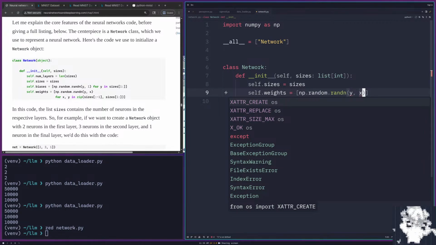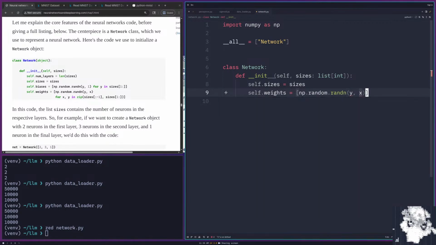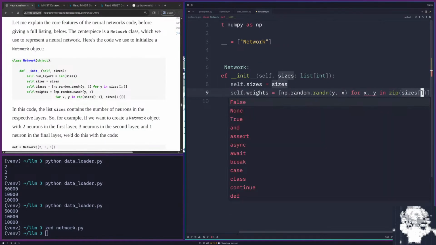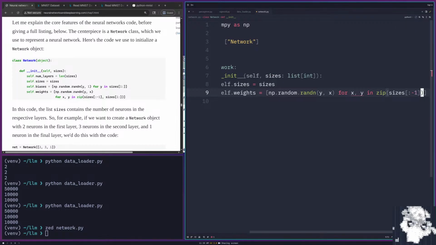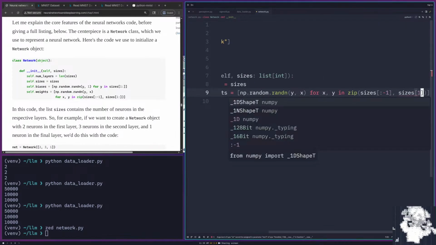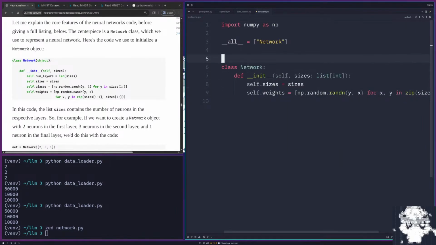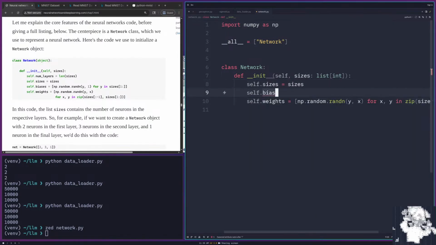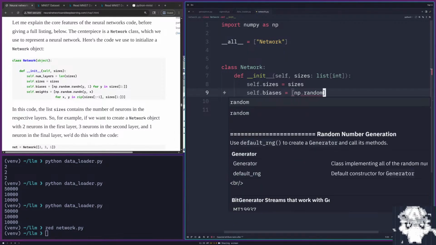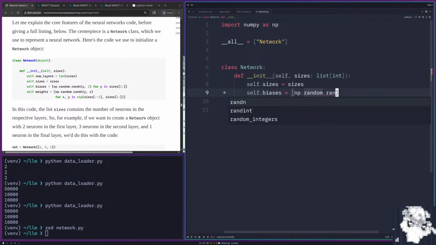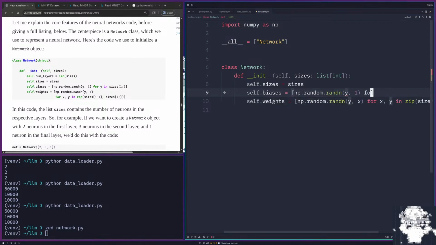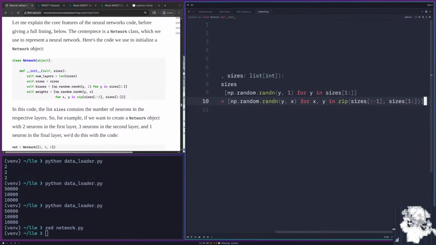It's a matrix, a y by x matrix for x, y in zip sizes[:-1], sizes[1:]. Self.biases equals np.random.randn y, 1 for y in sizes[1:]. Okay.